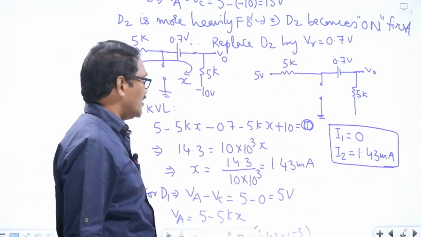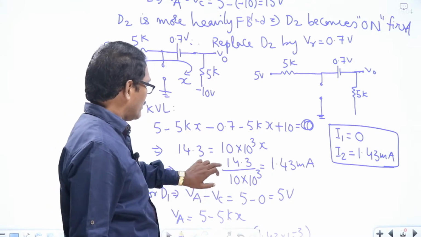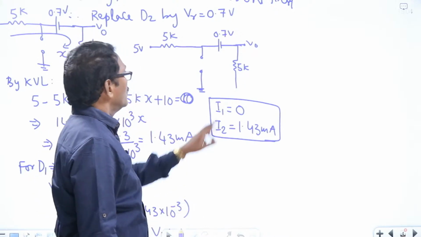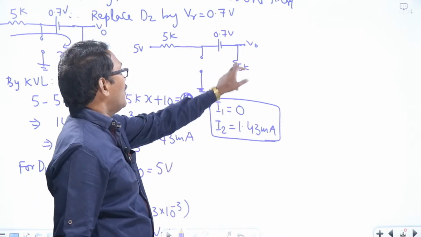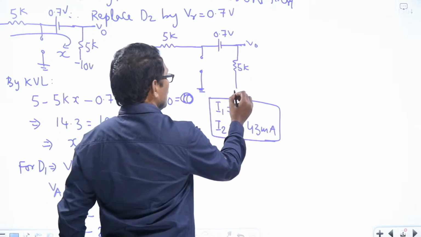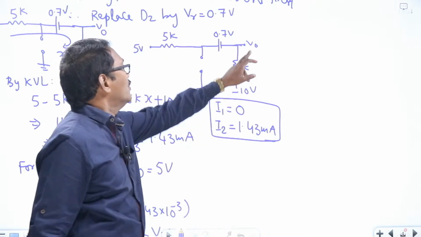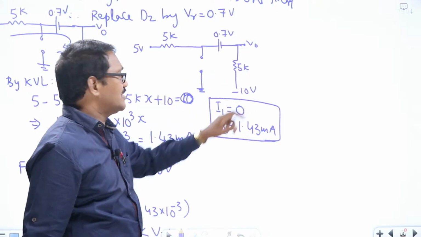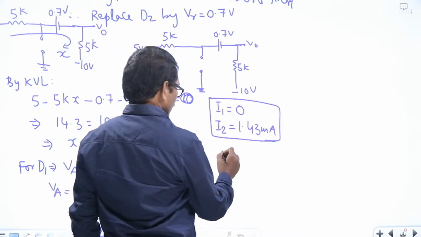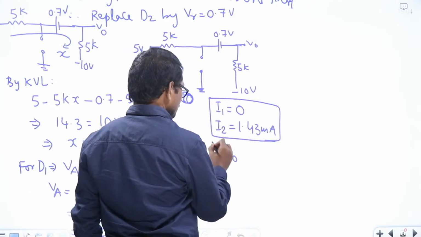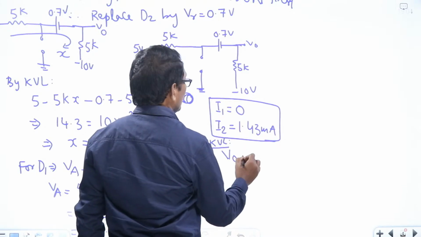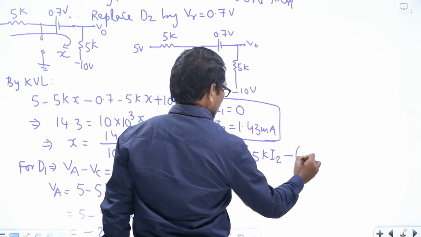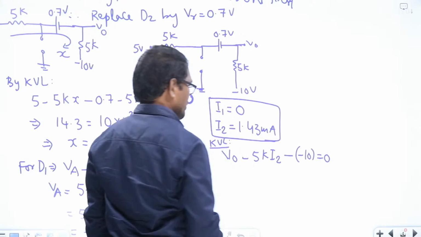Now we calculate V0 just by applying KVL. So V0 minus 5K I2 minus of minus 10, here it is minus 10 volts. That means by KVL, V0 minus 5K I2 minus of minus 10 is equal to 0.